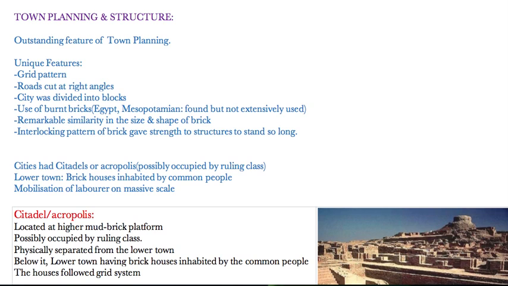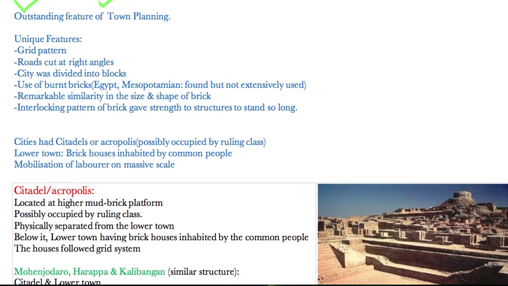So it is unique or outstanding because of town planning and structures. A lot of massive structures are there in Indus Valley Civilization. So that is one of the unique features, and the basic feature is the town planning. Here are some of the unique features. The town was planned in a grid pattern.